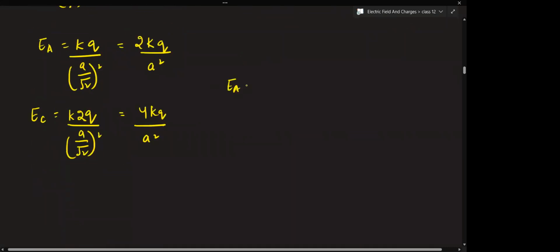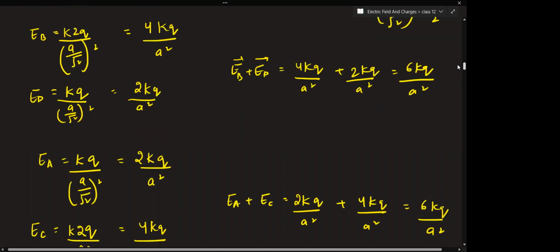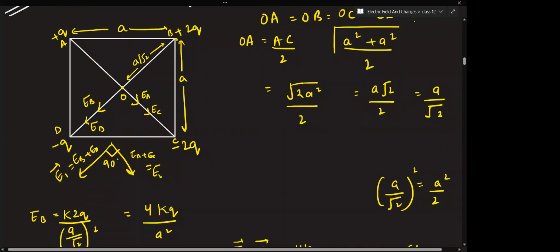So EA plus EC will be equal to 2KQ by A square plus 4KQ by A square. This makes it 6KQ by A square again. So this solves the arm which is present on the right hand side. This is also 6KQ by A square, and this is also 6KQ by A square. Is it clear till here?